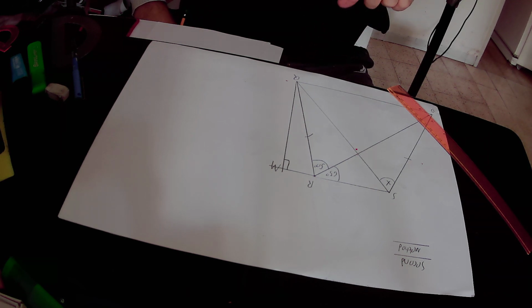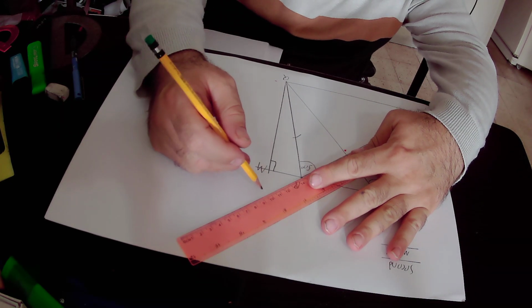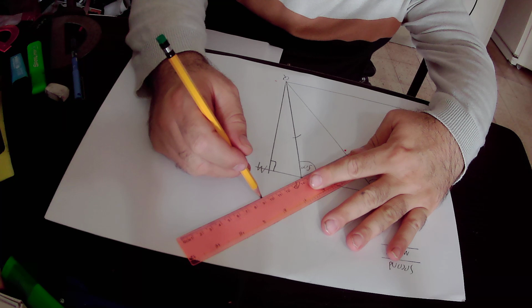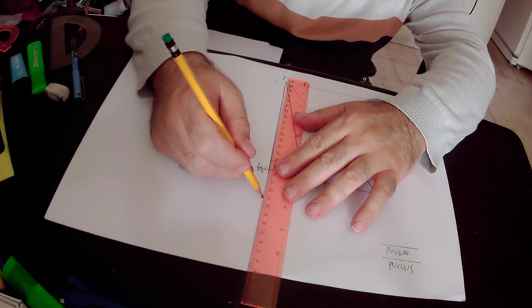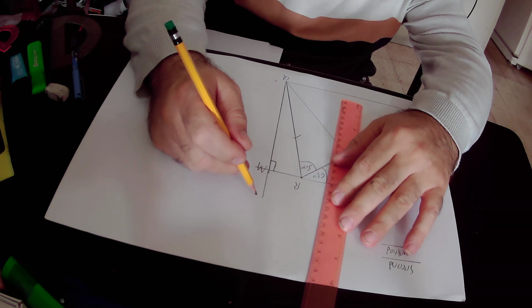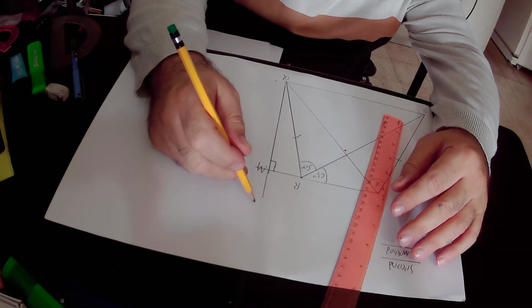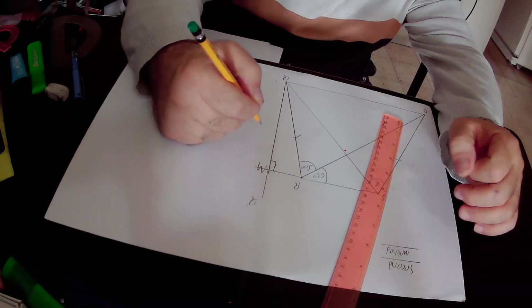Then we will extend line segment QM in such a way that Q dash M will be equal to QM.